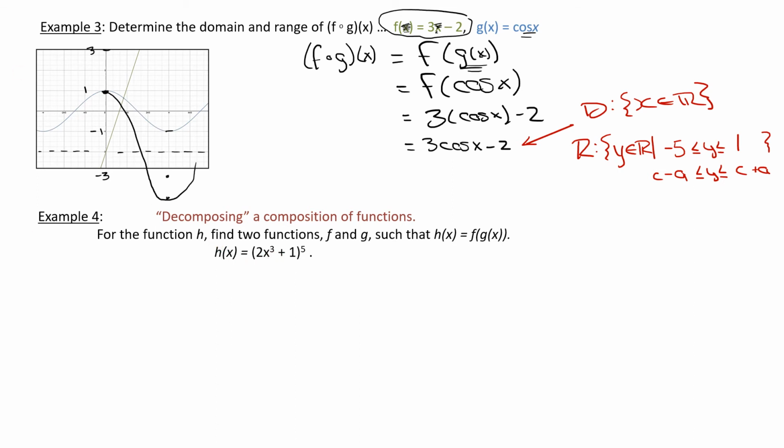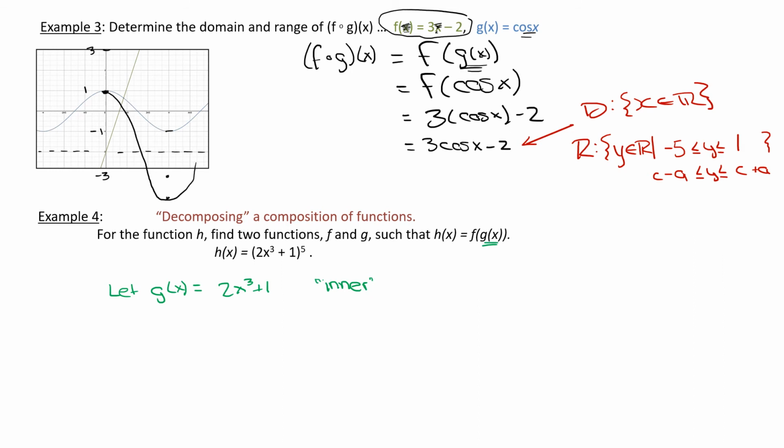So our g at x is kind of our inner function here. Let's say we let g at x equal, let's pick just 2x cubed plus 1. This is the inner function here, the kind of inside part.